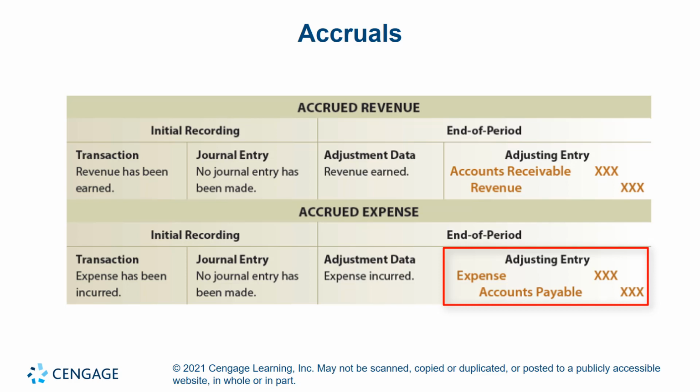Liabilities increase on the credit side, and so we credit accounts payable, establishing the fact that it's an obligation. Wages that have not been paid is an obligation. It's a debt. It's owed to the employees. Utilities that haven't been paid is owed to the utilities company.